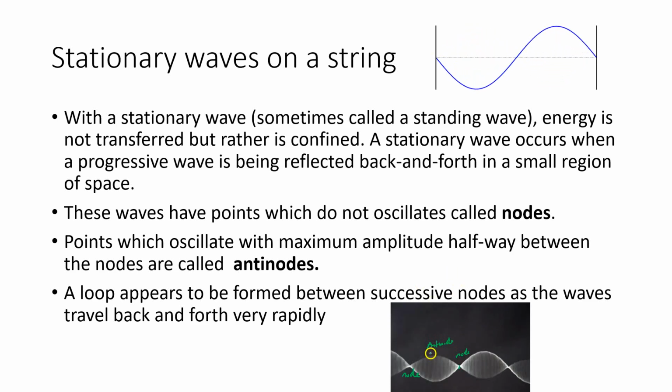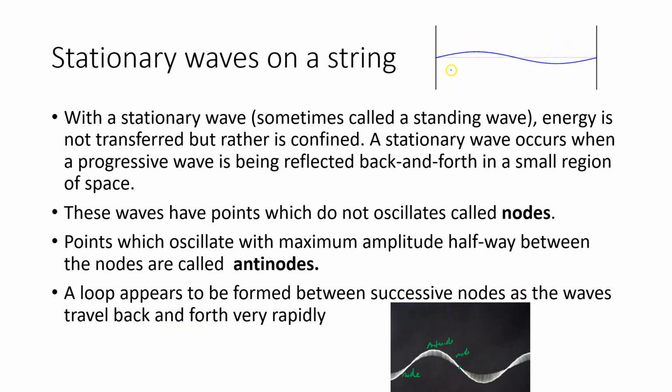Those are some of the things that we must be mindful of, and we're going to look at it in greater depth in the next slide. But it says that a loop appears to be formed between successive nodes as the wave travels back and forth rapidly.